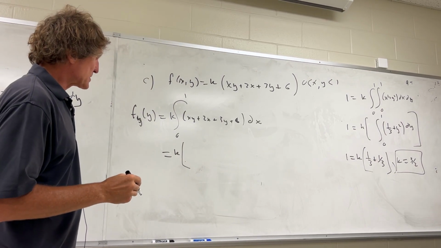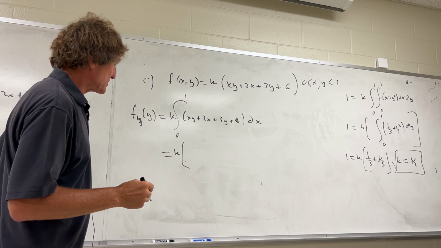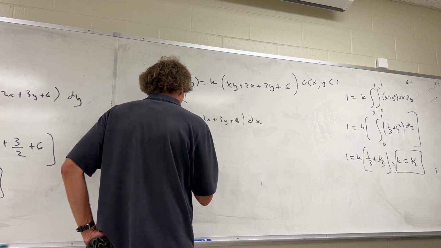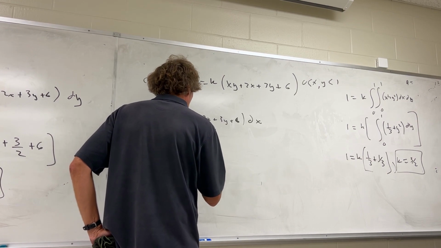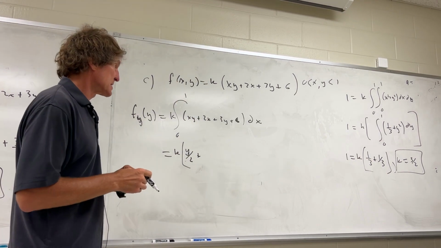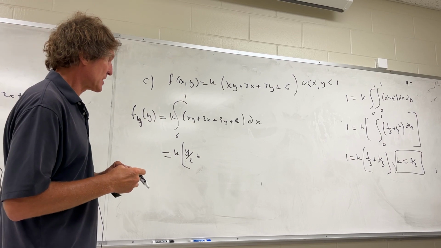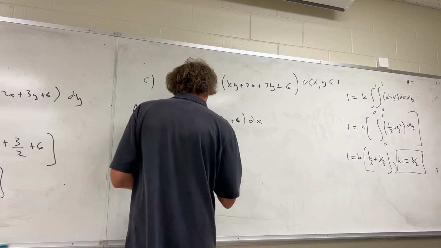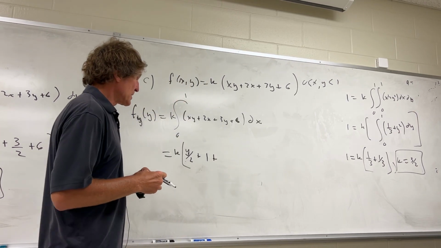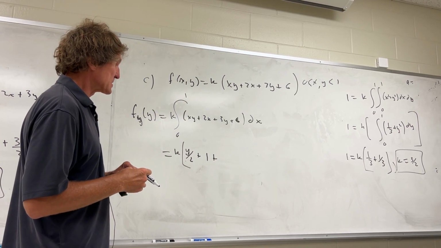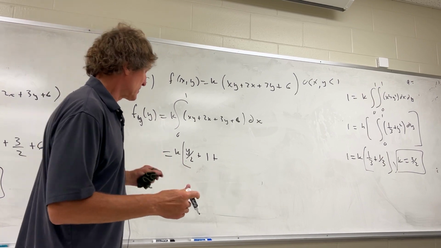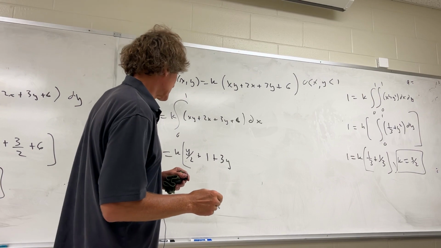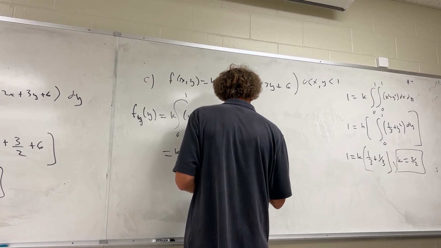So xy dx is x squared over 2 times y, so it's going to be y over 2. Plus, then when you do 2x dx, x squared over 2 times 2 is just x squared from 0 to 1, which is plus 1. And then when we do 3y dx, you just end up getting 3y. And then 6 dx is just going to be 6, right?